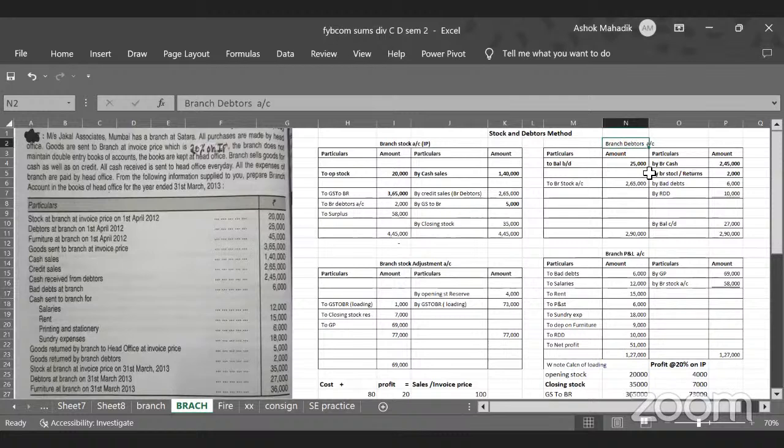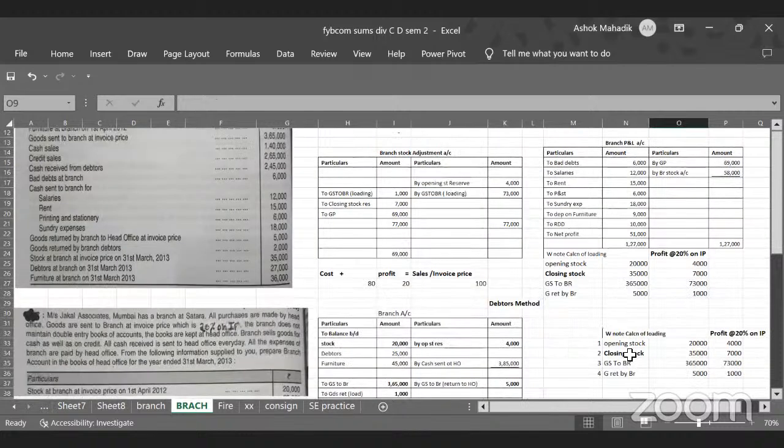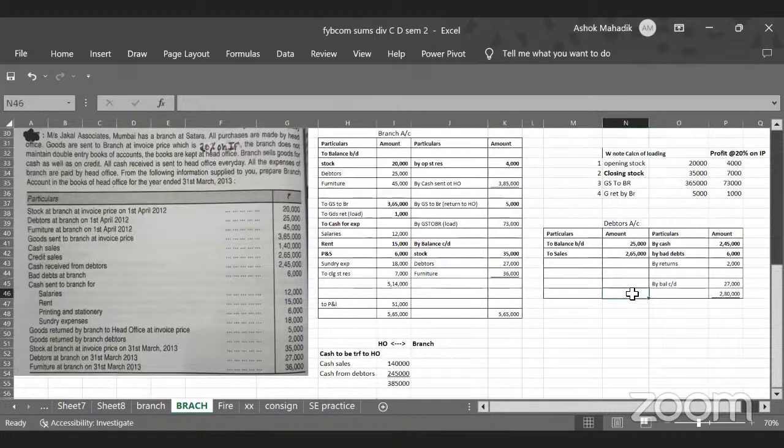There we had got balancing figure on the credit side, that was RDD. So same way again we'll get difference here. Here on debit side we have 2,90,000. So we'll write 2,90,000 on the opposite side as well, and that 10,000 will be your RDD. By RDD.